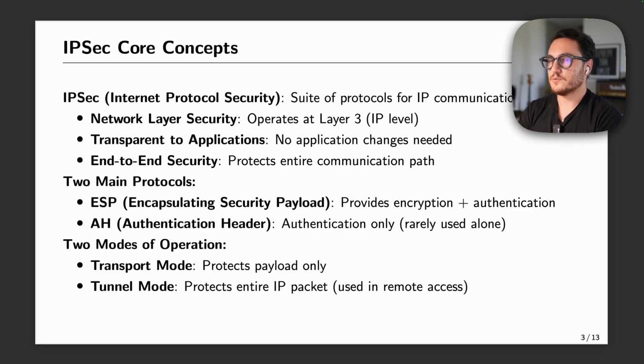And it's used in two modes. In transport mode, it protects just the payload, and that's not something we're going to see. We're going to use IPSec in tunnel mode that protects the entire IP packet, and this is what we use for VPNs, and especially VPNs that operate in remote access mode.